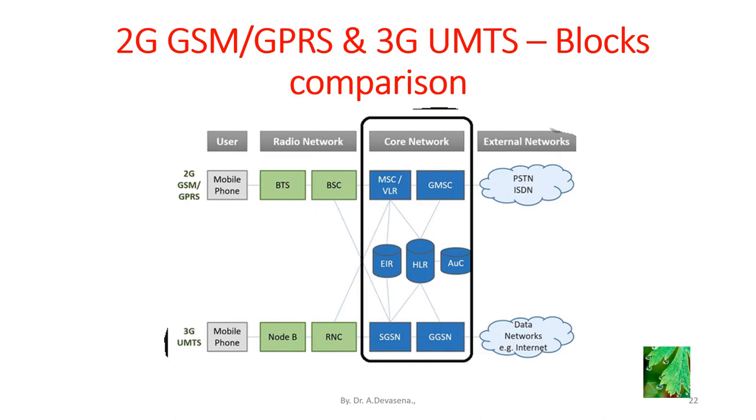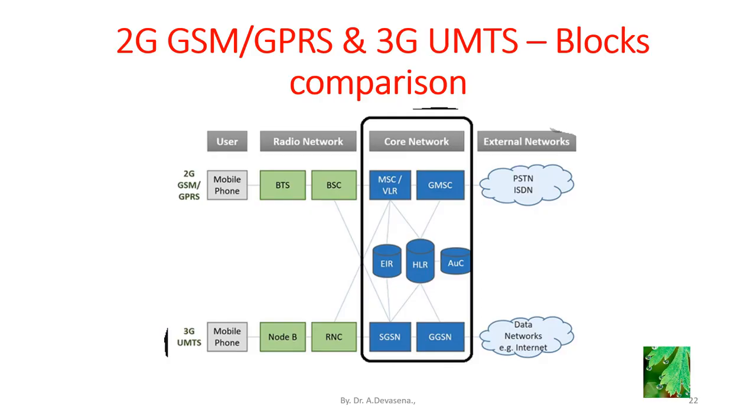Now, if we look into the 3G UMTS, we have the mobile phone. The user is the mobile phone, and the radio network part comprises of Node B. The Node B is in turn connected to the RNC, that is the radio network controller. These two blocks represent the radio network in 3G UMTS.